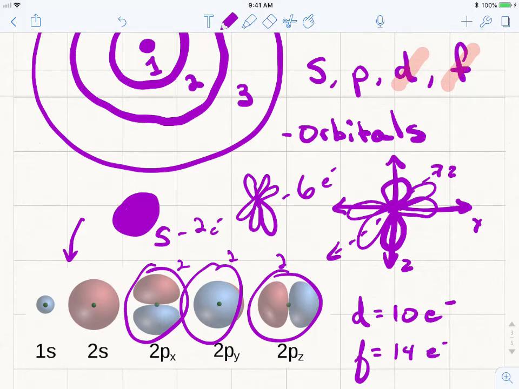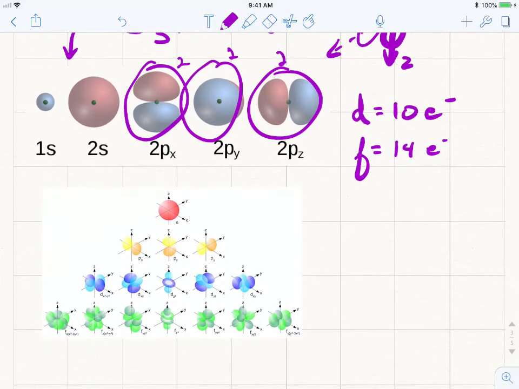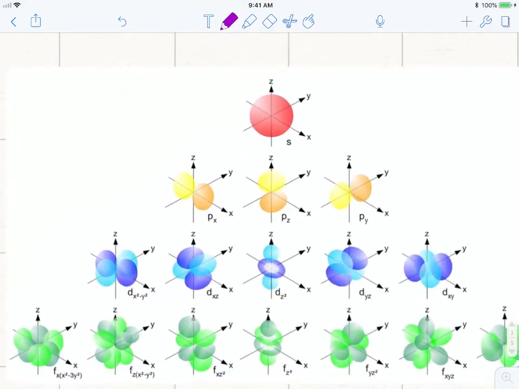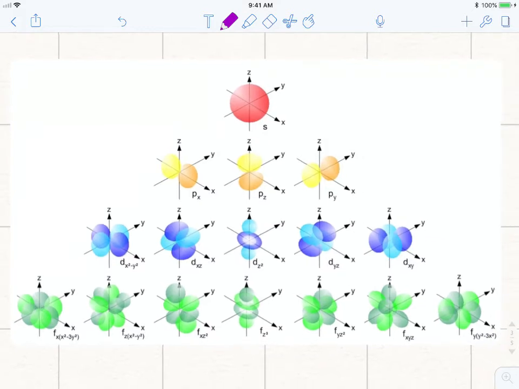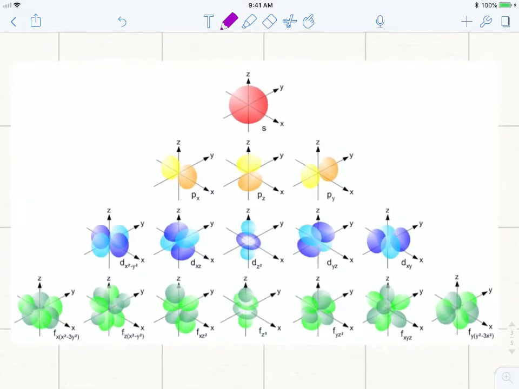I might have to Google that, I apologize. But we're not going to be dealing with them too much. Now, what do D and F orbitals look like? Well, they're really complicated. They look a little bit like this. In order to understand them, we have to do some real serious geometry and some real serious chemistry. So we're not going to worry about it too much.